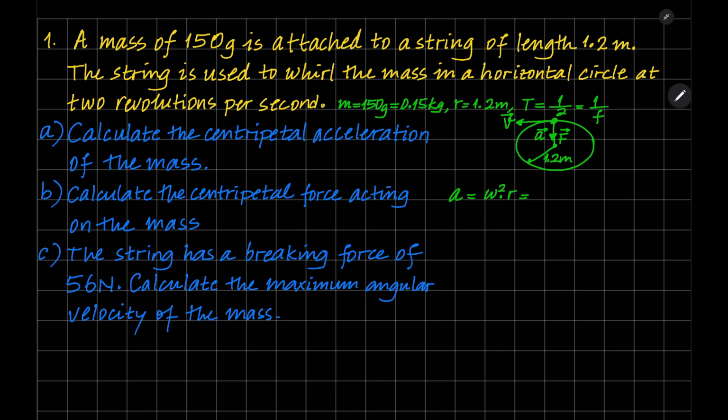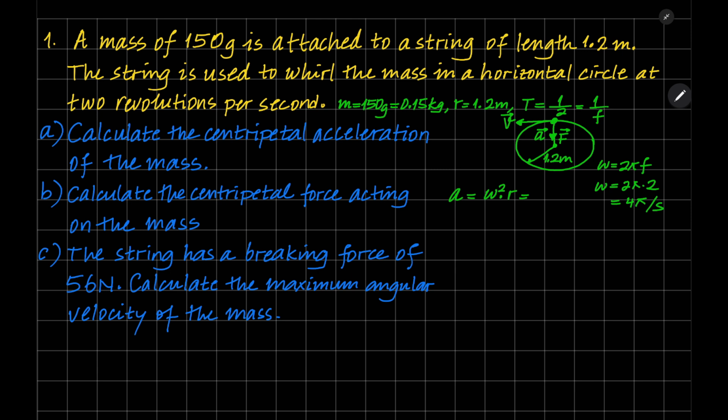Let's first calculate the angular speed. You know that angular velocity is equal to 2 pi f. Then angular velocity is equal to 2 pi times 2, which is equal to 4 pi radian per second.